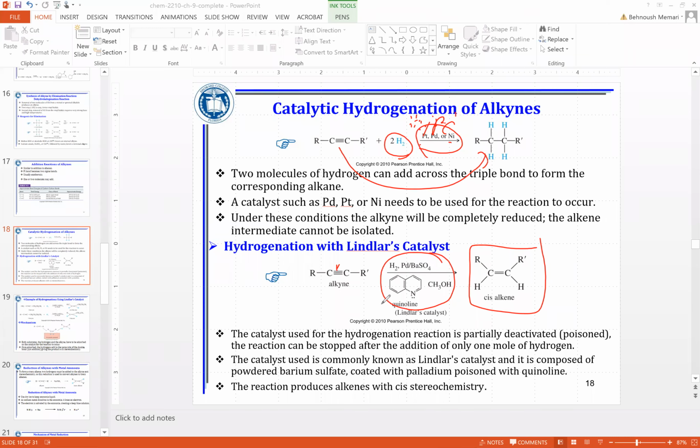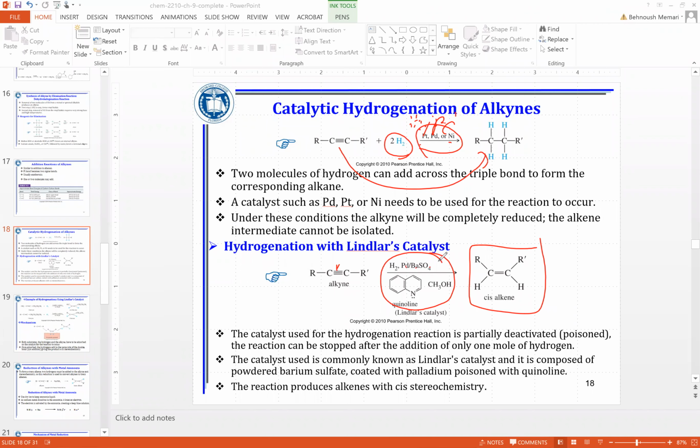In order to poison the catalyst, instead of using pure palladium, you are going to mix that with barium sulfate. So basically, you are poisoning the catalyst that you are using for hydrogenation.